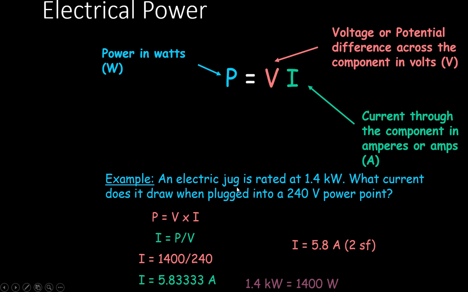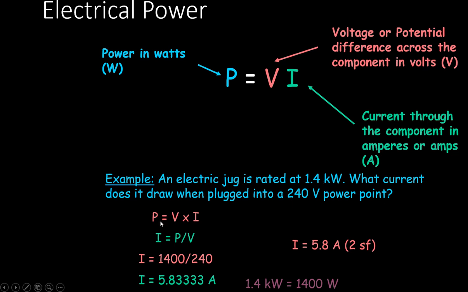So for example, if an electric jug is rated at 1.4 kilowatts, that means when it is running, it is using 1.4 kilowatts of power. What current does it draw when plugged into a 240 volt power point? So it's plugged in to the wall, getting 240 volts, and we know that it is using 1.4 kilowatts.